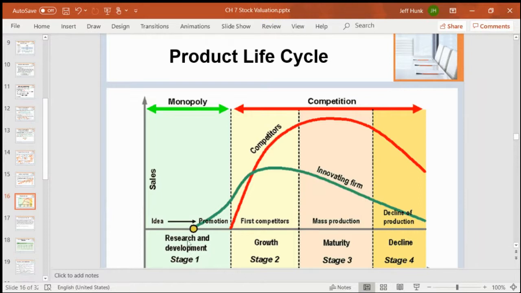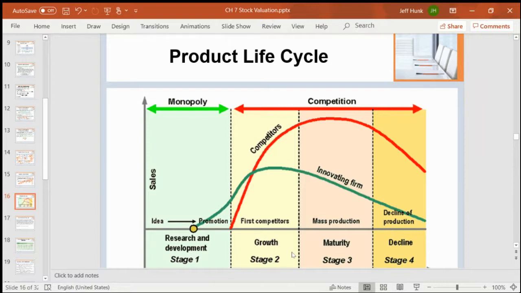And when I say innovative product, that means a product that has never existed before, right? So this green curve represents the innovating firm. Innovating firm means the innovator. It simply means the company that came up with an innovative product.